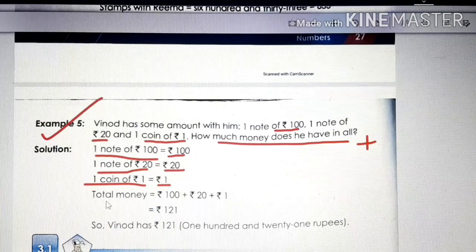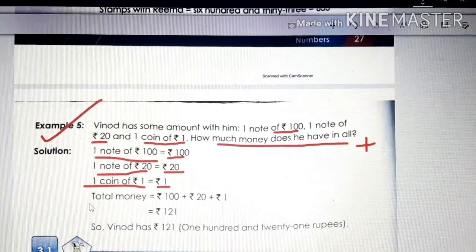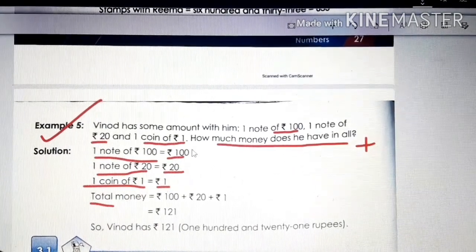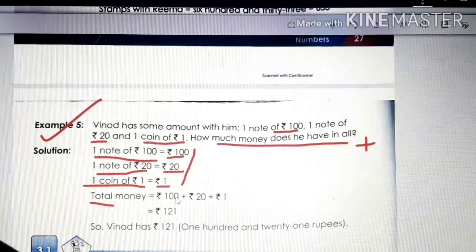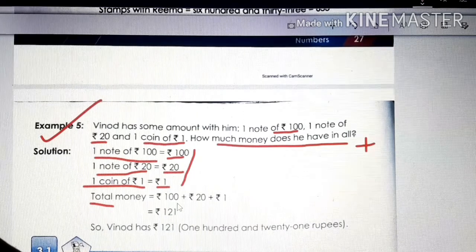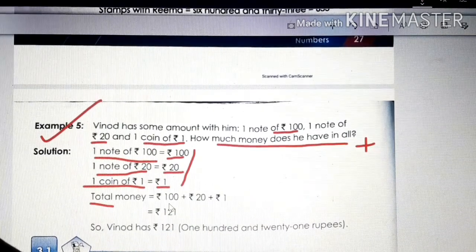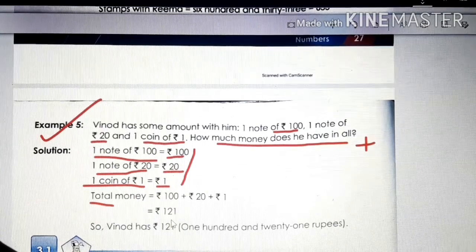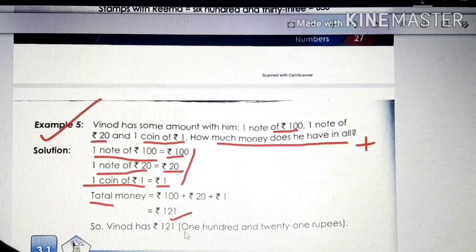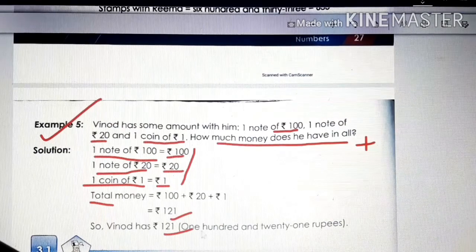Now you have to find the total amount. How do we find the total amount? We will add all this money. We'll place the amounts according to place value. Like you can see, 100 plus 20 plus 1. So what do you get? 121. Vinod has 121 rupees. So how do you write it in words?